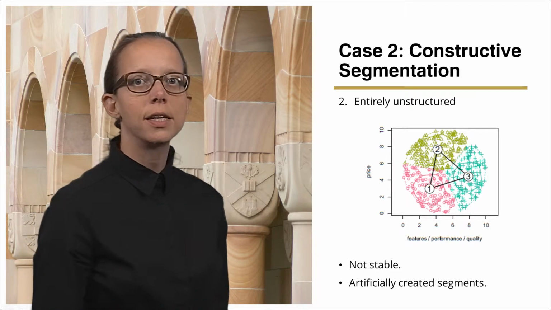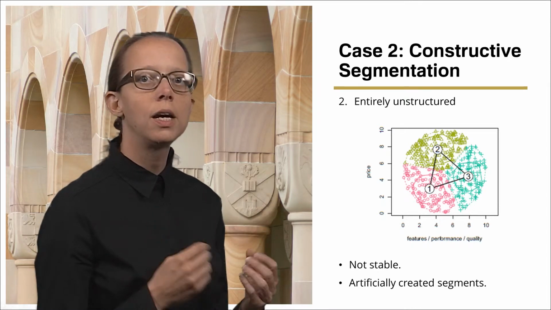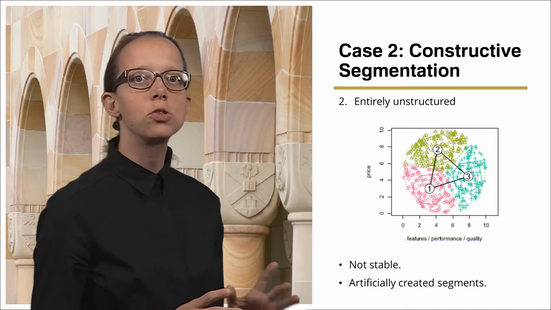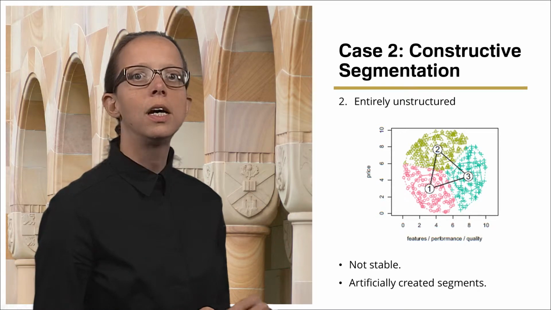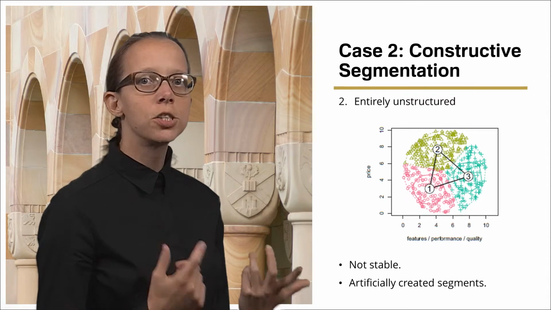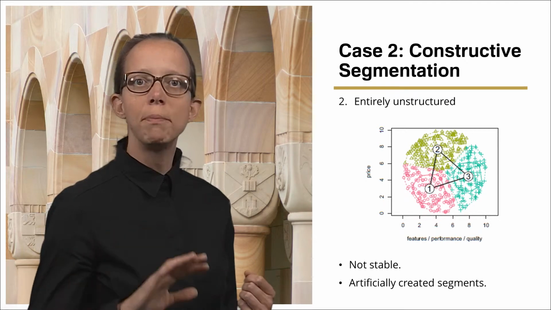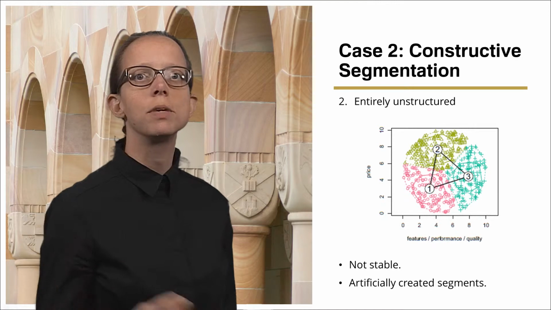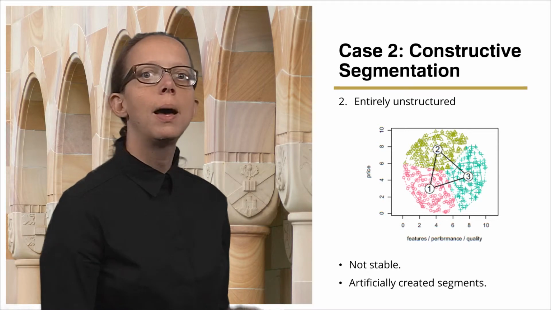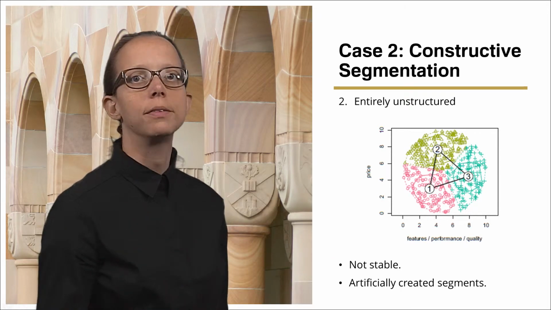In this worst-case scenario, the data analyst must help the organization to construct managerially useful market segments. These segments do not naturally exist in the data. They are artificially created. The challenge, therefore, is not identifying them, but selecting, of the many possible solutions, the one that is managerially most useful. This process requires management and data analysts to work together very closely.